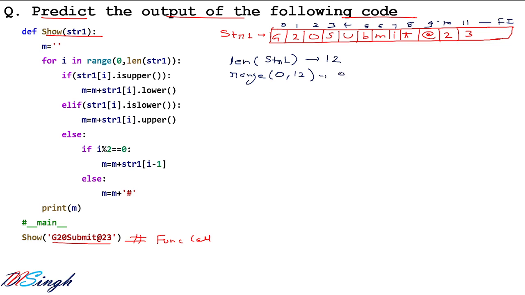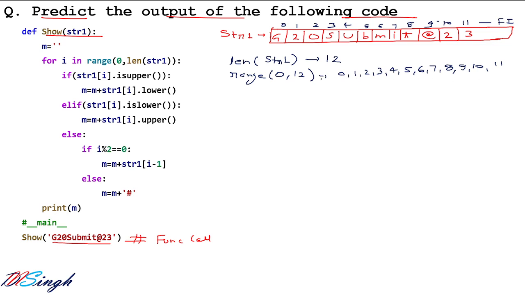So range will start from 0, 1, 2, 3, 4, 5, 6, 7, 8, 9, 10, 11, because by default start value for the range is 0, and stop value should be given, otherwise the length of the sequence will be the stop value, and by default step is +1. So you see the difference between this value and the subsequent value will always be 1.